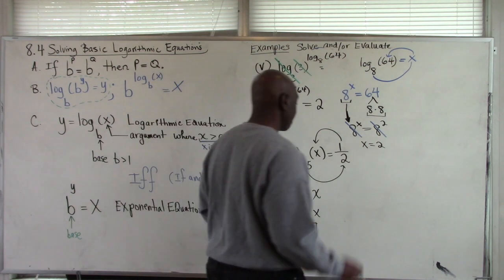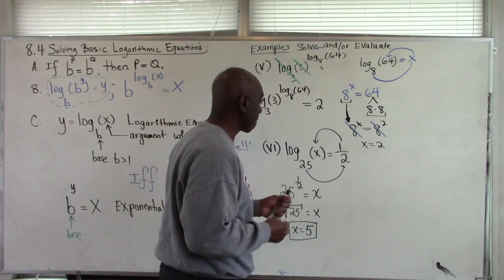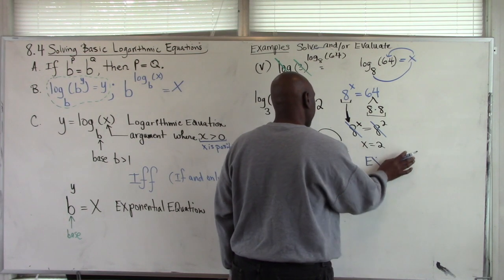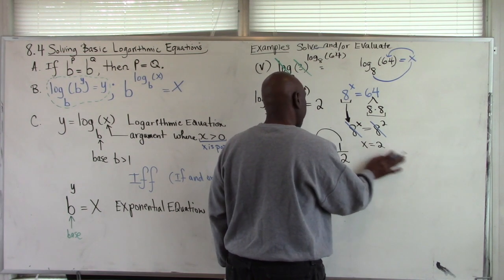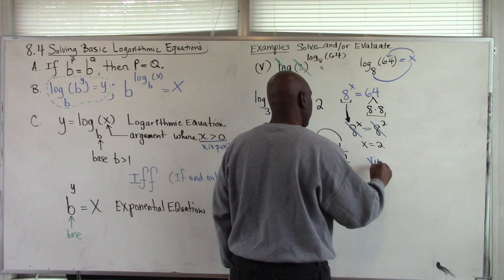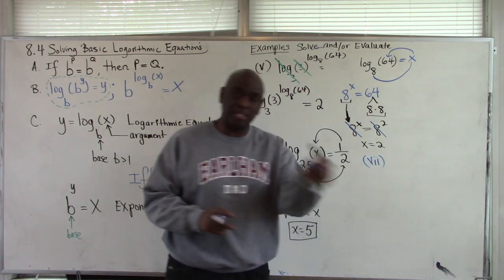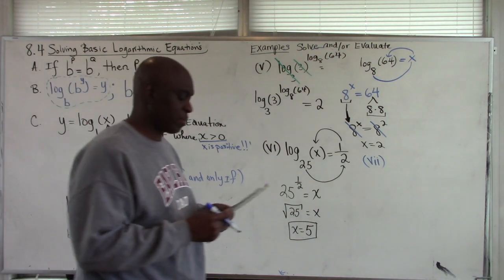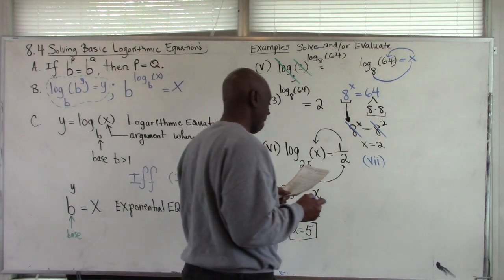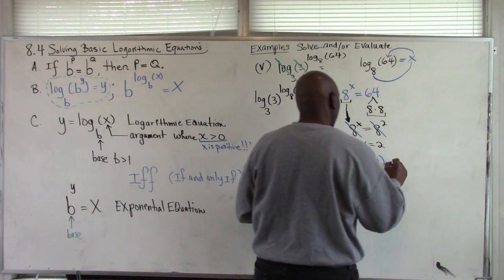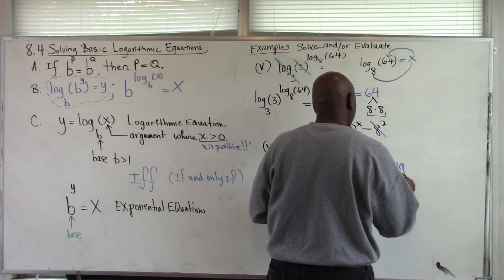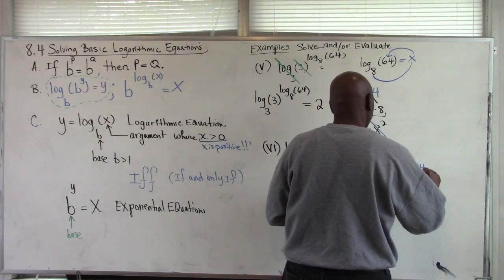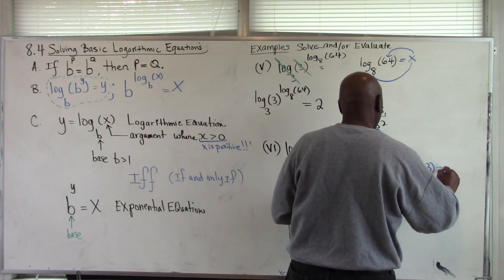All right. Example 7. Five, 6, 7. Let's look at example number 7. Log base x of 343 equals 3.